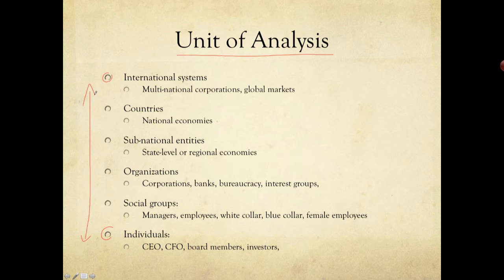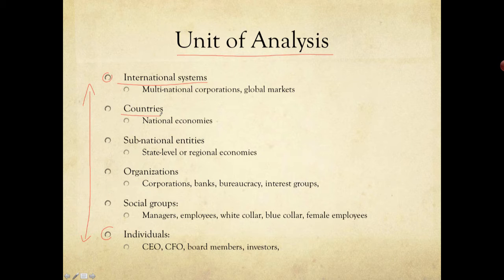So you could study economic phenomena at an international system. At this point, you would look at multinational corporations or global markets. That's very broad, very, very general. That's sort of a big bird's perspective. Or you could be a little bit more specific and focus on individual countries.